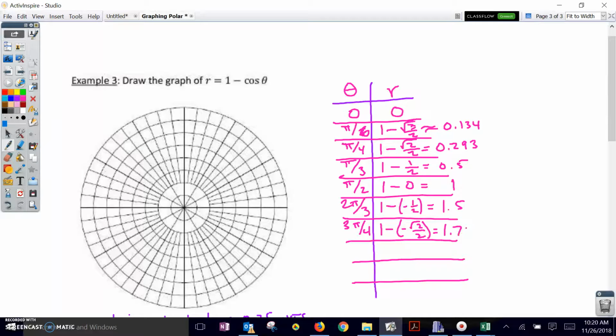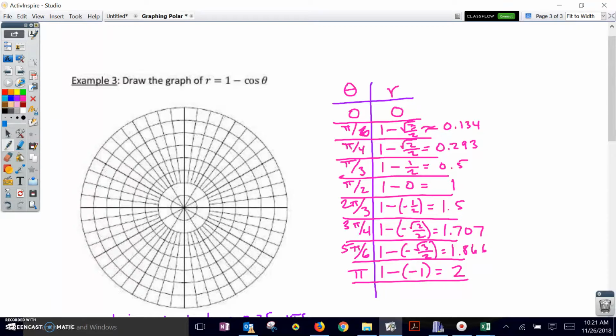It's going to be about 1.707. At 5 pi over 6, cosine's negative square root of 3 over 2, so that's going to be about 1.866. And at pi, the cosine is negative 1, and that's going to be 2.